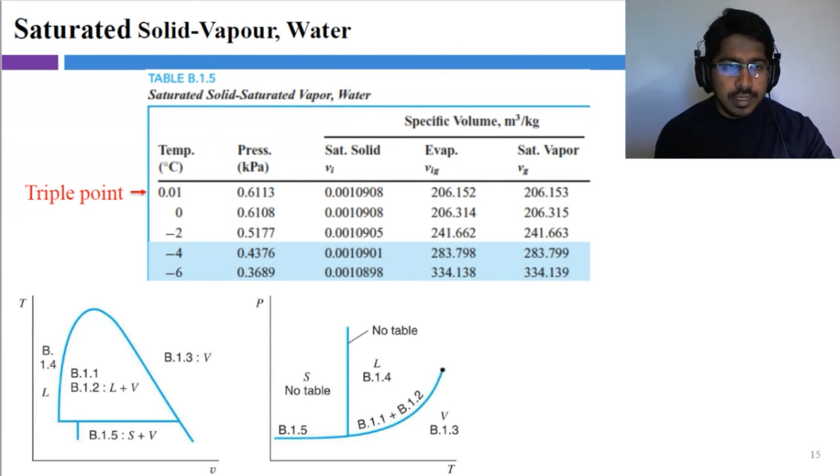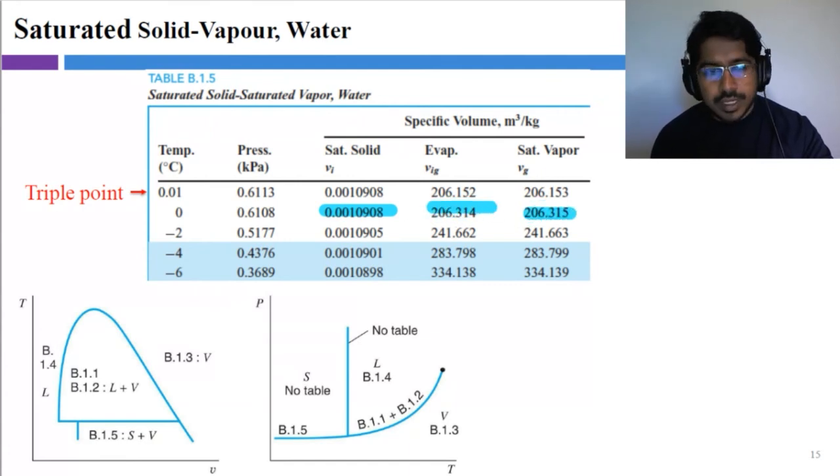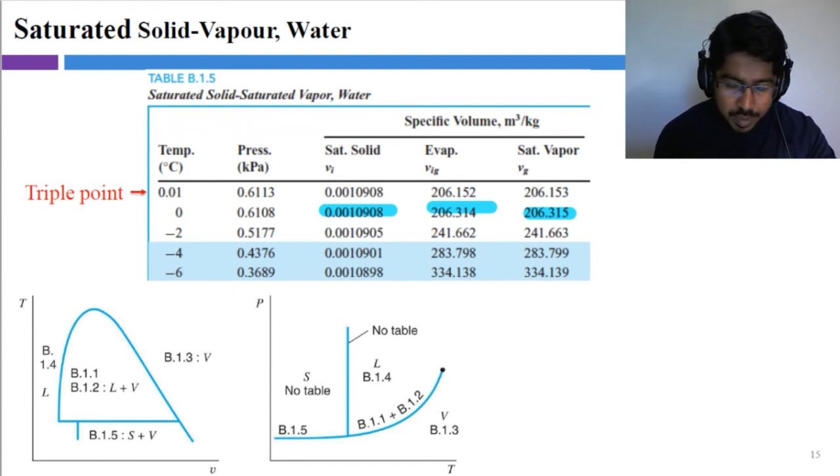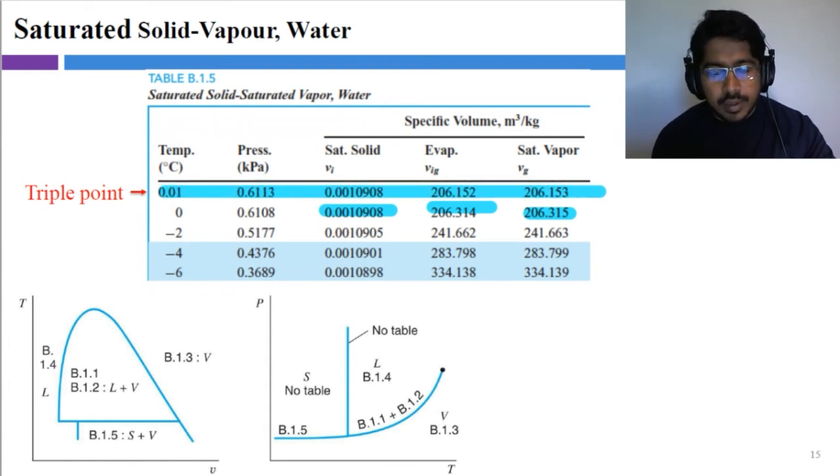Similar to this, it has the specific volume at a given temperature-pressure combination for saturated solid and saturated vapor, and then the specific volume change during the process, right? But we will not be using this table in the course. If you want to find triple point parameters for a given substance, it's here as well, but there are separate tables for triple point parameters as we discussed earlier.